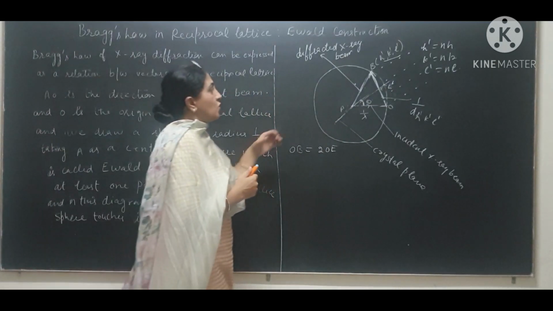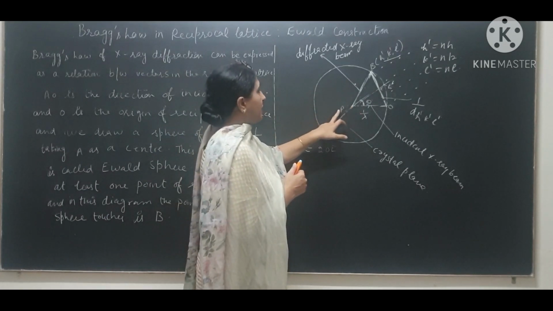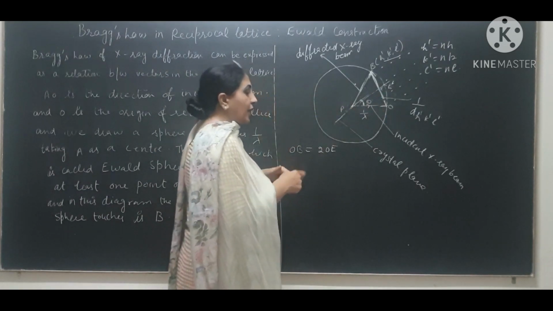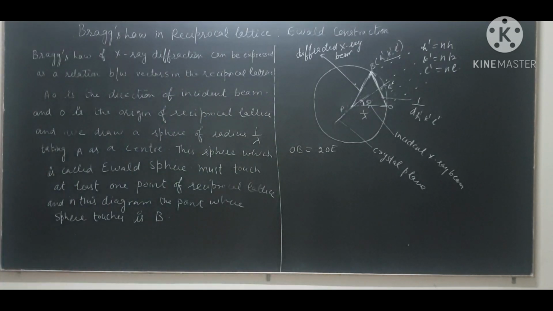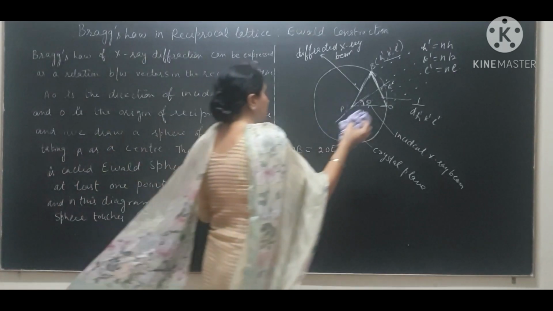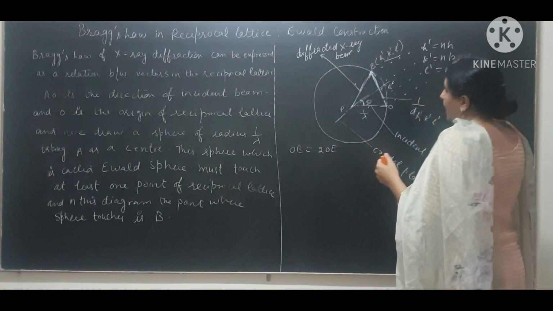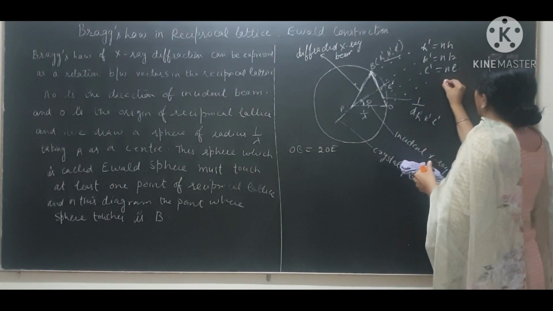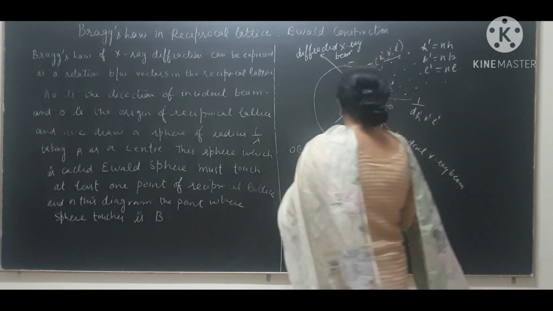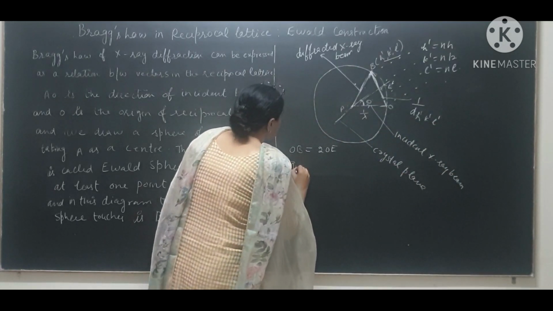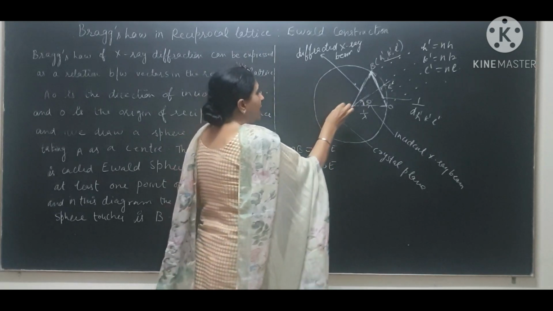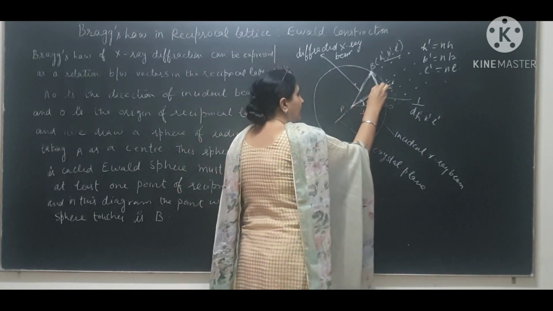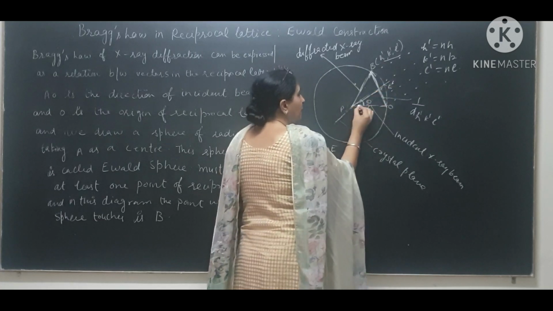Clear? So in triangle AOE, this is the perpendicular and this is the hypotenuse.